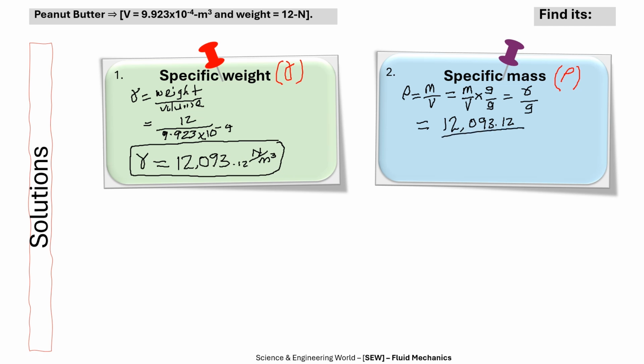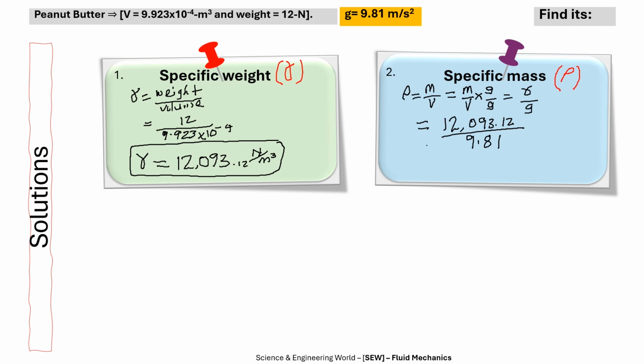And g is always given, that's acceleration due to gravity, is always given as 9.81. So that is a universally accepted value. That's 9.81.